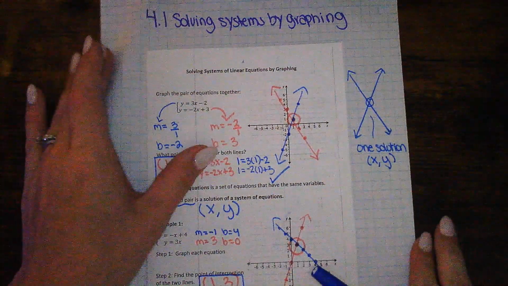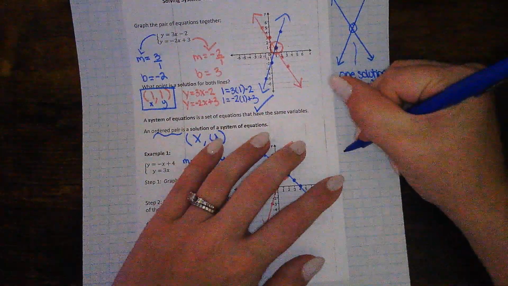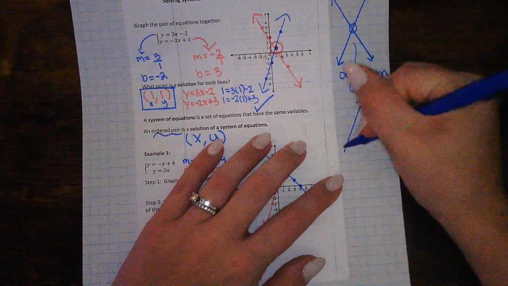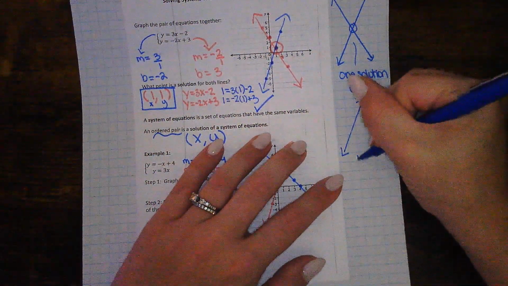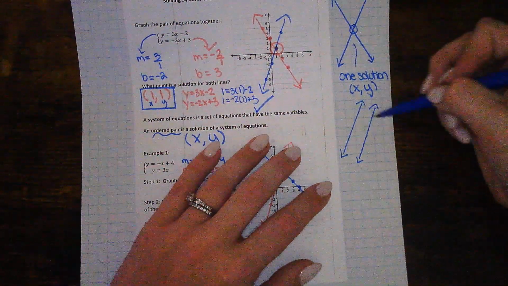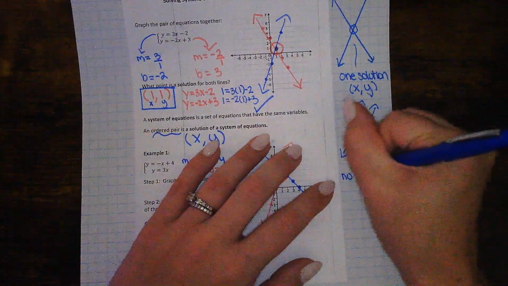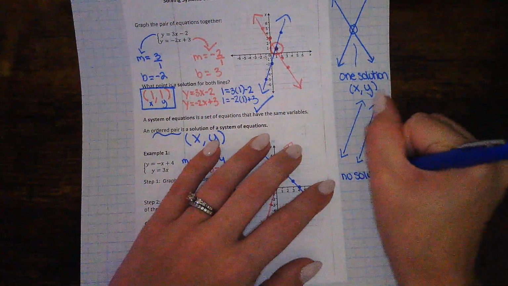But there is going to be situations where your lines never intersect. Those lines are called parallel lines. And if your 2 lines never intersect, that means that there is no solutions to the system.